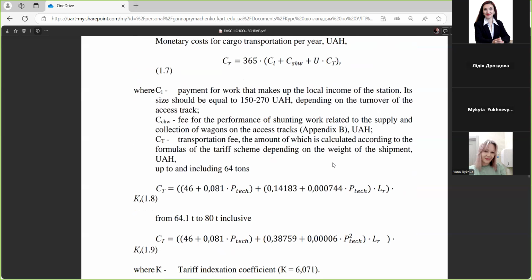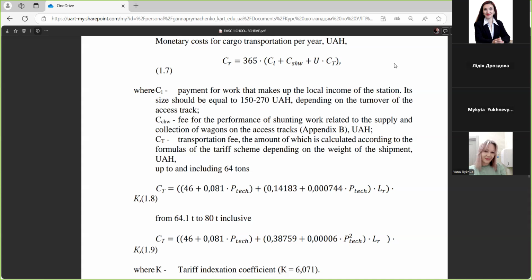Okay, come back to our formula 1.7, U multiplied by the result of our previous formula, C with index T. We found it a few minutes ago. C with index T. Okay.